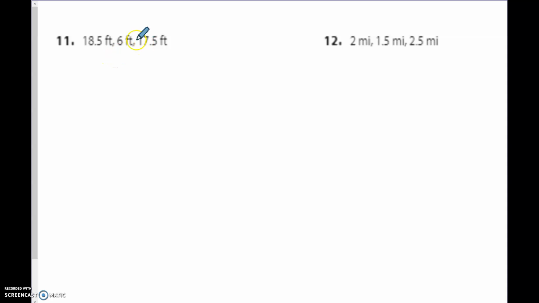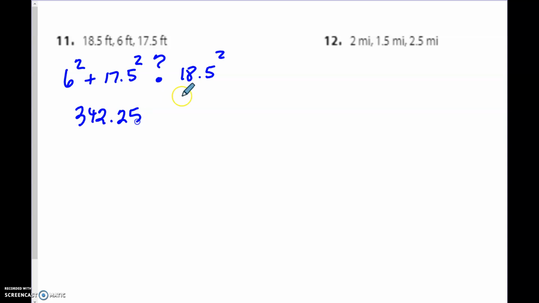All right, so these numbers are out of order, so make sure you're paying attention here. So we're going to set up 6 squared plus 17.5 squared, and does that equal 18.5 squared? So 6 squared plus 17.5 squared is 342.25.